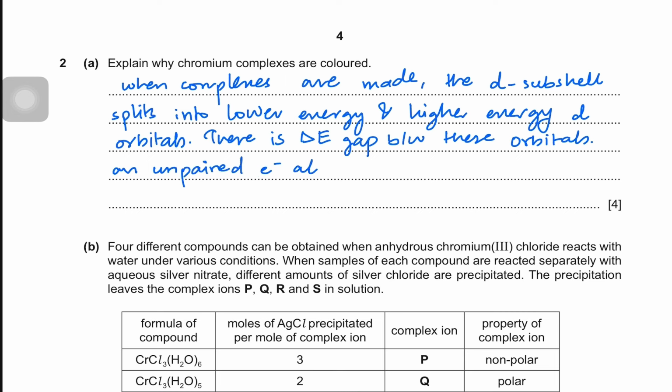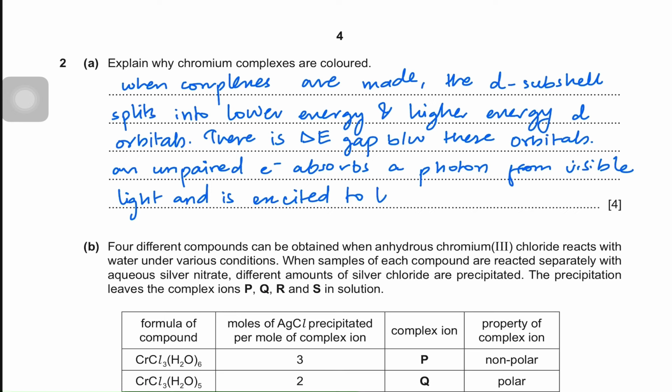An unpaired electron absorbs a photon from visible spectra, or you can say from visible light, and is excited to a higher energy level.